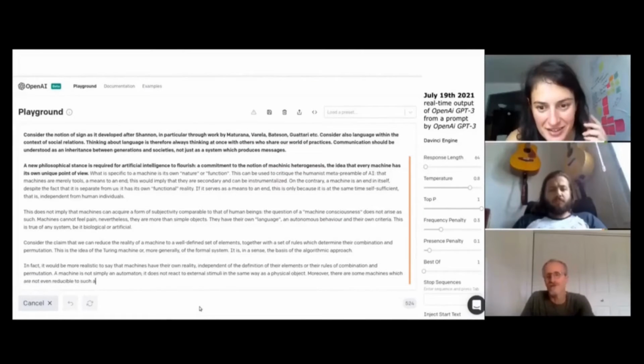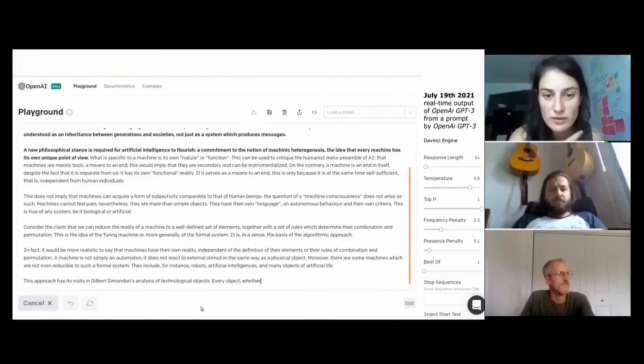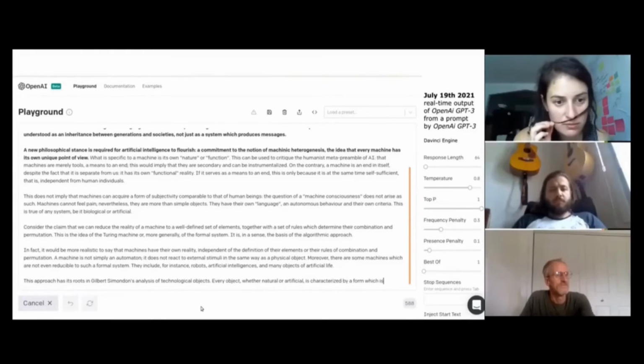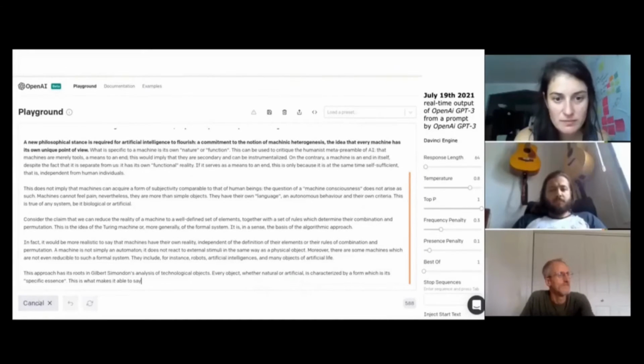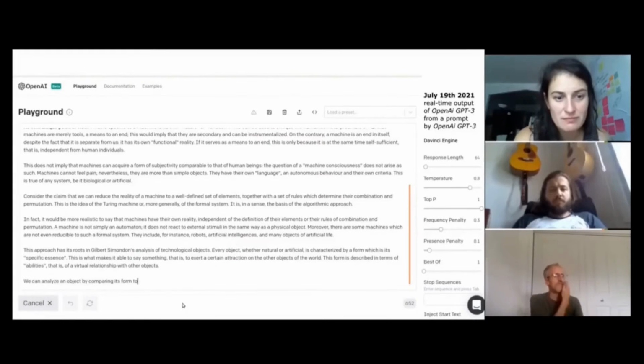So what you're seeing on the screen right now, on the left, is the OpenAI user interface for its playground. Playground is where we are able to work with the engine and come up with texts basically.